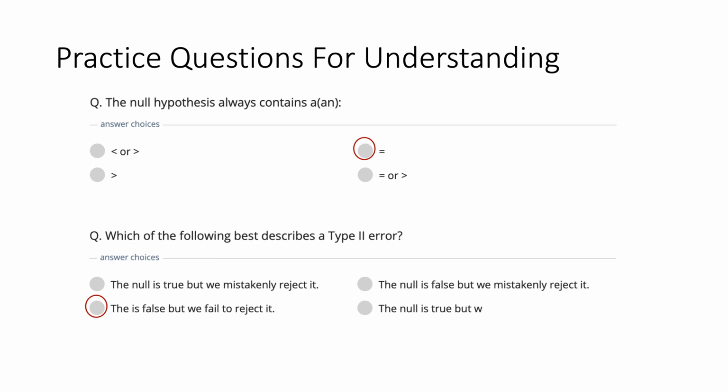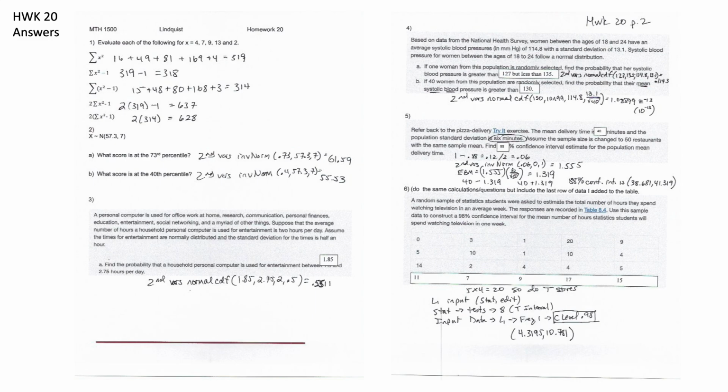But it's also a type of mistake to not reject it if it's false. If it's false, we should reject it. That's what you should remember. But then we don't. So a type 2 one is when it's false and we don't reject it, and we should. Okay? So type 1 occurs when the null is true. Type 2 occurs when the null is false. All right.